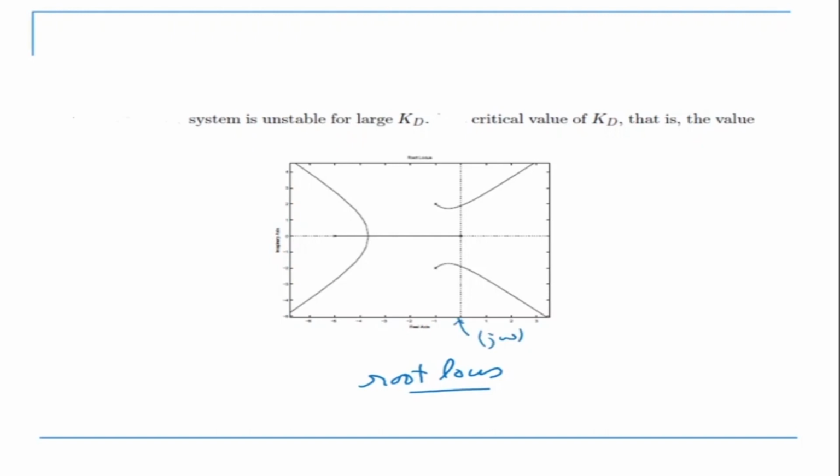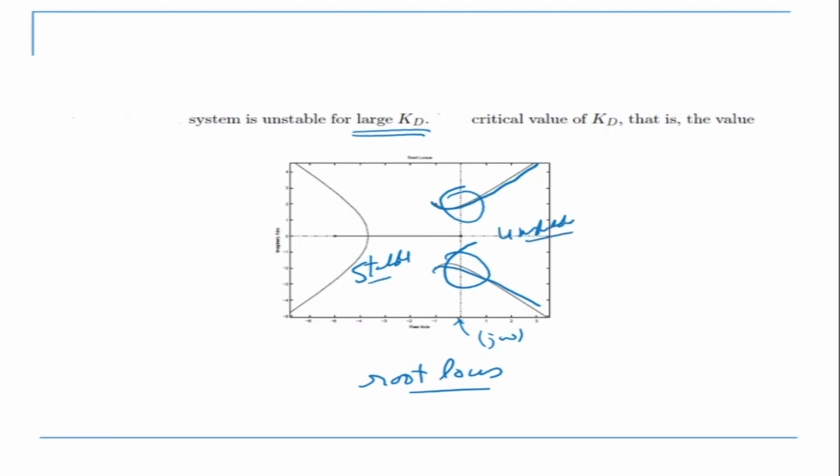So this root locus shows that for very large values of Kd, the roots are actually going like that. So it is crossing over here, which means that this is my stable and this is unstable region.